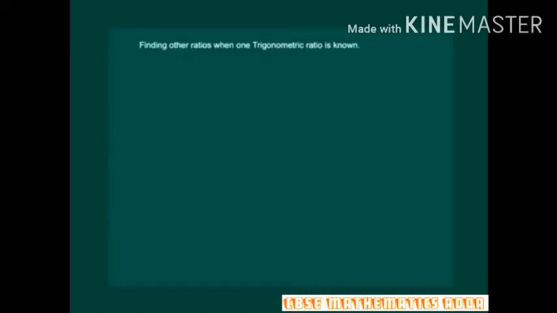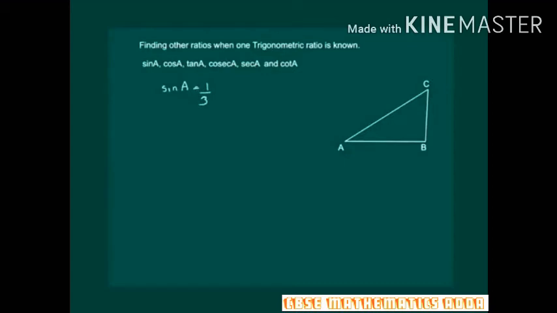Now come to the next one, that is finding the other trigonometric ratios when one trigonometric ratio is known. If one ratio is given, then how to find the other 5 ratios, that is sin A, cos A, tan A, cosec A, sec A, and cot A. Suppose here is given sin A equal to 1 by 3.